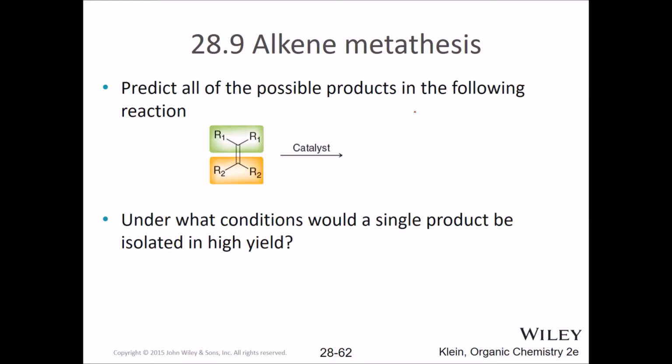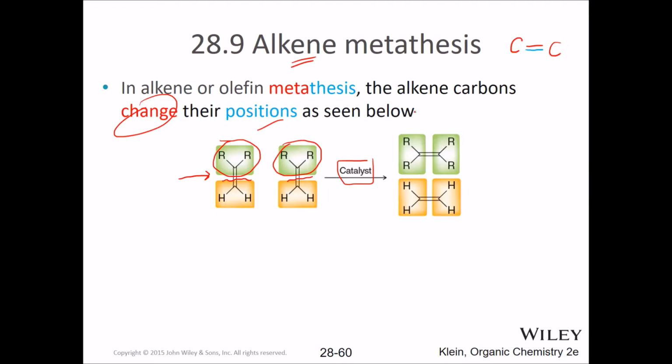Now, from the previous slide, let me go back 2 slides. From the previous slide, this guy starts out with him and could end up with either him or him, right? So 1, 2, 3, 4.